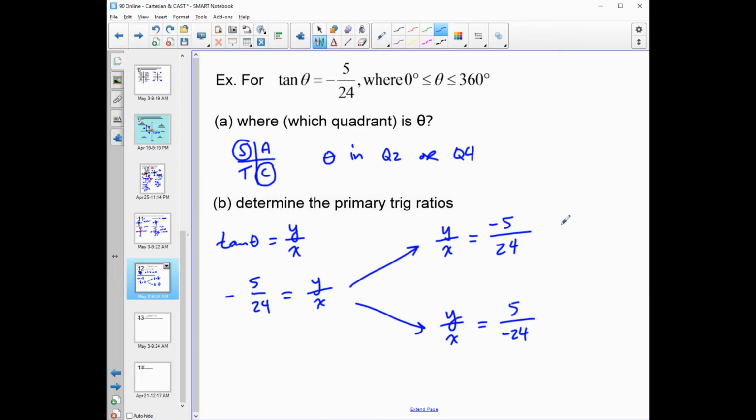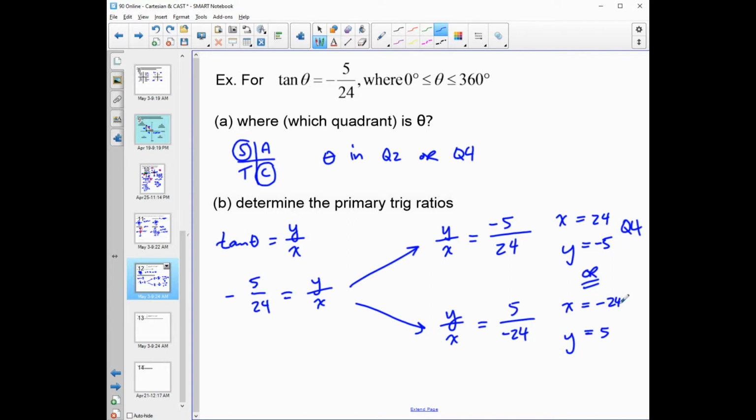So in this case, we end up with x equals 24, y equals -5. And in this case, we end up with x equals -24, y equals +5. And one of these, a positive x coordinate and a negative y coordinate, that's quadrant 4.